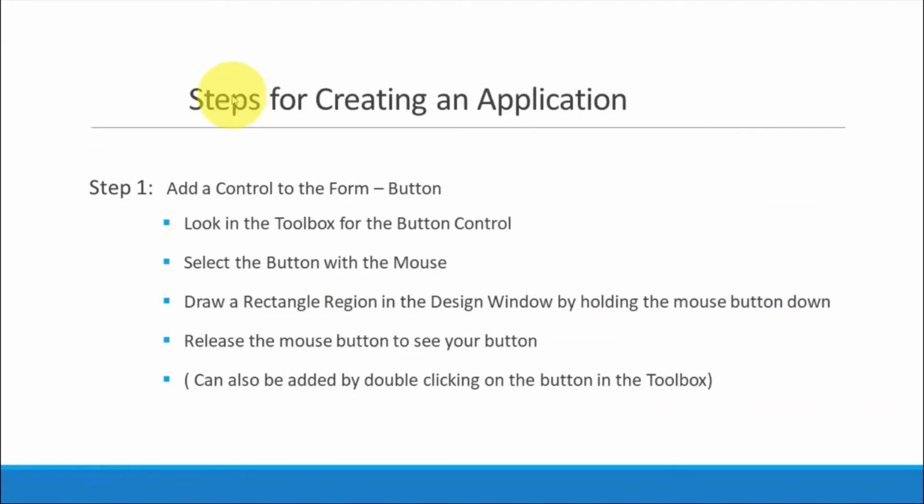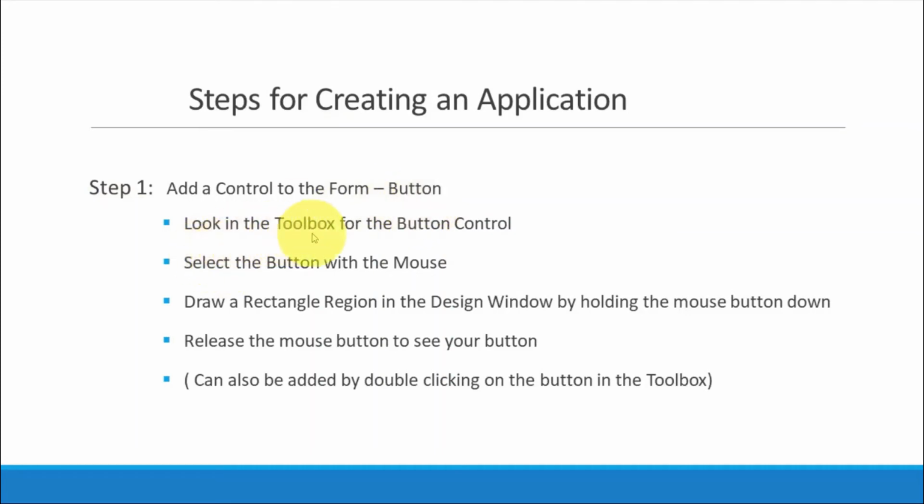Let's come to the steps for creating an application. How do we start with an application in VB.NET? First of all, add a control to the form, a button. We have to drag the control, or an element, which is to be put into our form. In this case we are doing a button, so we are dragging the button.